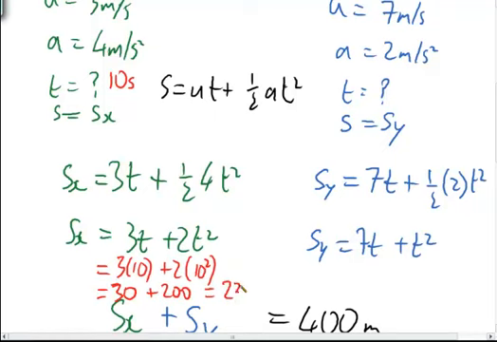That's equal to 230 metres. Sy then must travel 170 metres because they have to add up to 400. Just to prove it, we'll put 10 into this equation here. I'll again do it in red just so that we can see it. So sy will be equal to 7 times 10 plus 10 squared, which is 70 plus 100, which is 170. And notice that this plus this is equal to the 400.